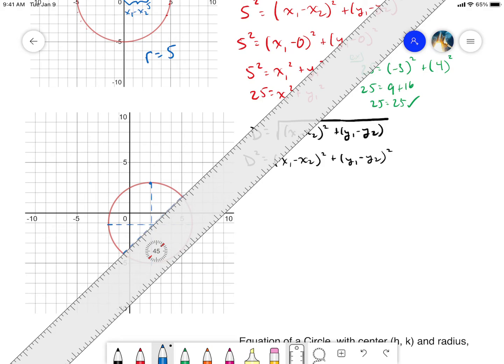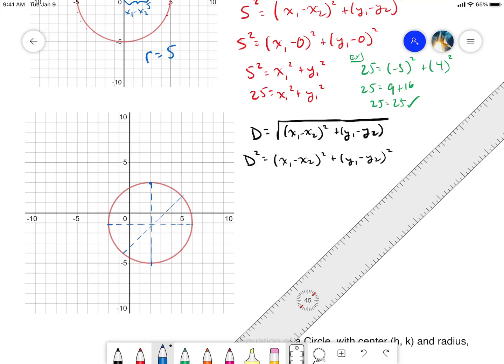Just using this idea, where can we assume that the center of this circle might be? Where does it appear to be? Again, my ruler was a bit off, but it appears to be right here.